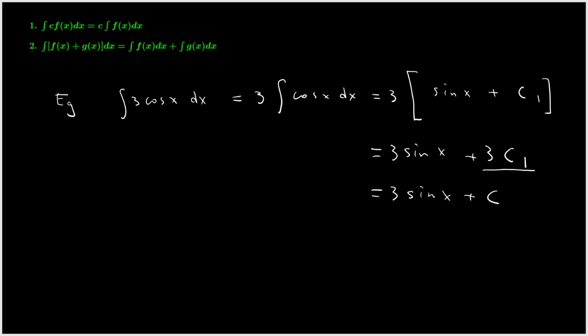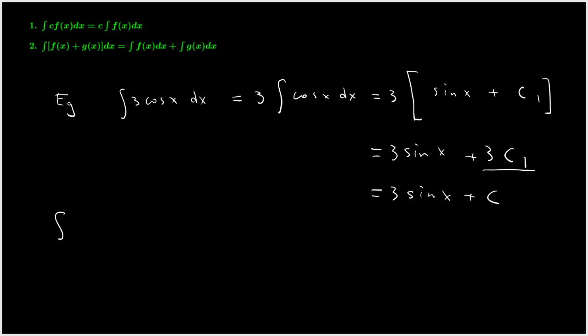So that's a question illustrating the meaning of property number 1. The following question is designed to illustrate how to use property number 2. Property number 2 says the indefinite integral of the sum of 2 functions is equal to the sum of 2 integrals.